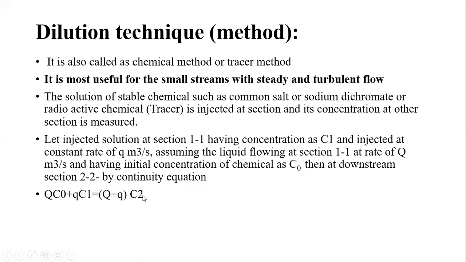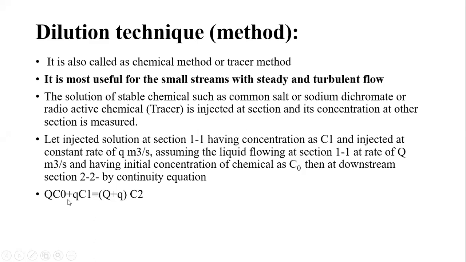Means at section 2 we are going to take a sample of the water and from that trace out the concentration of the chemical at that section. So at the second section there will be the capital Q, that is the discharge, plus the rate of injection q, into the new concentration C2.